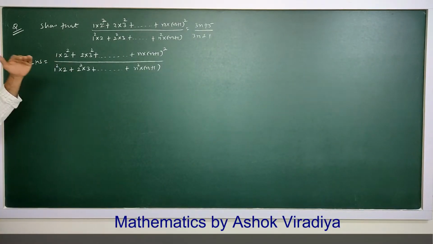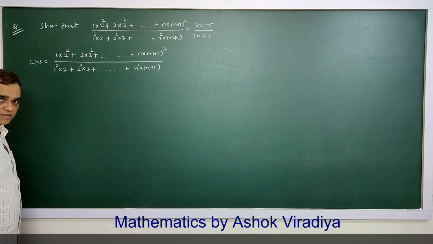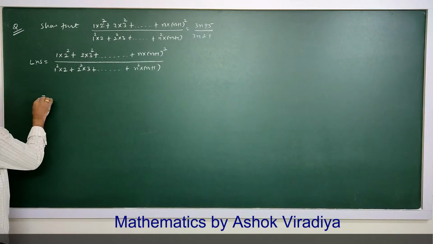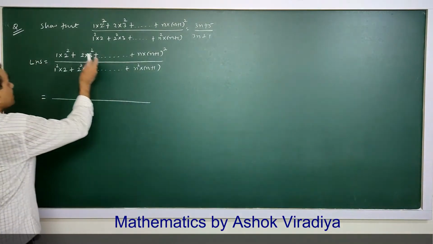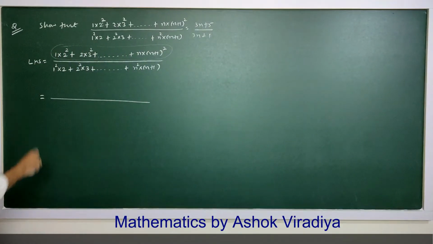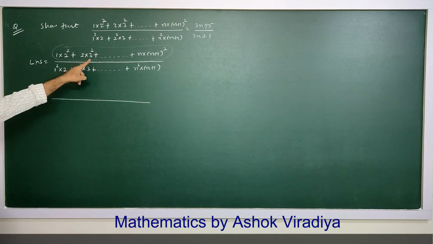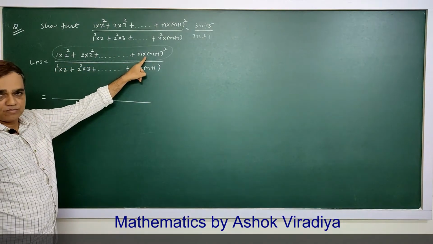The numerator represents a series, the denominator represents another series. Now this can be represented in compact form. This is the first term, this is the second term, this is the nth term.